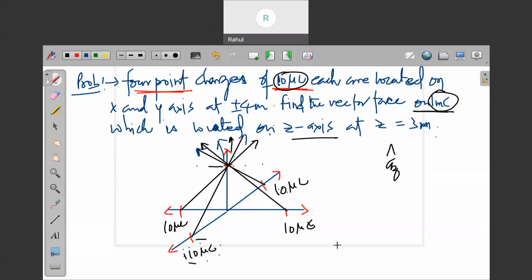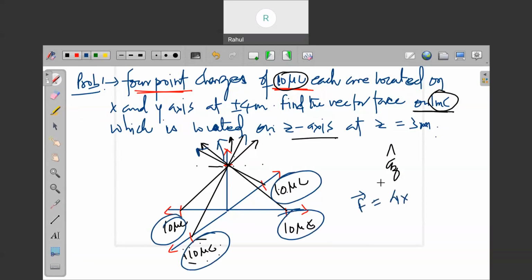So how many charges are there? There are four charges. So the total force will be 4 times the same force, the product of these two charges, in the az direction.